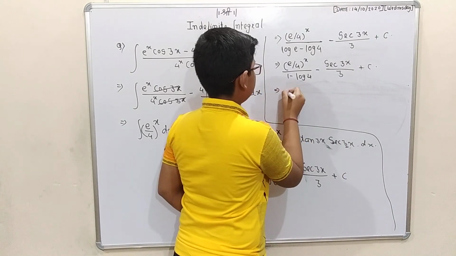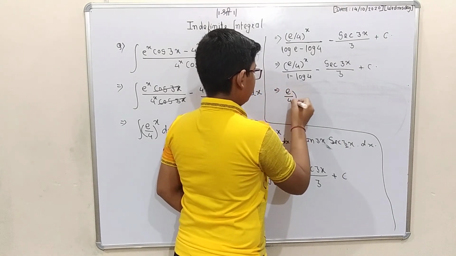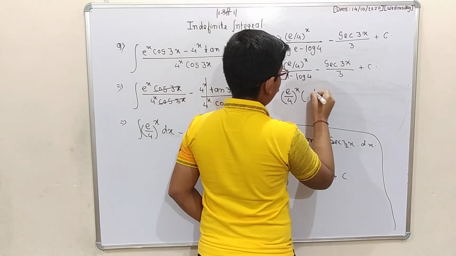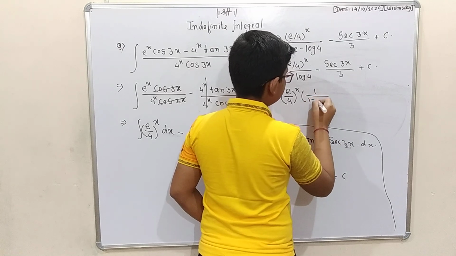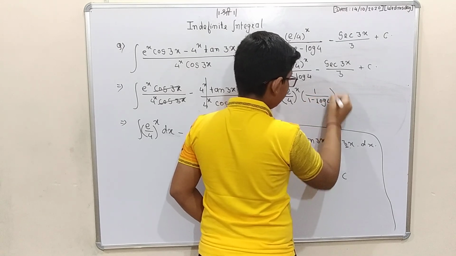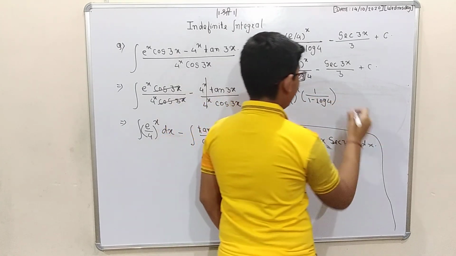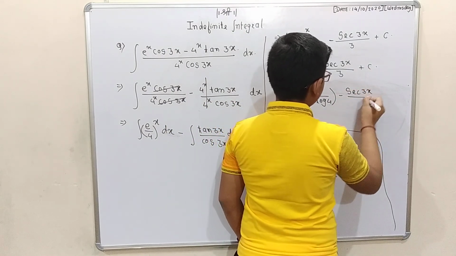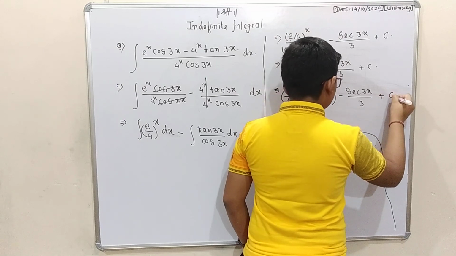So it will be equal to (e/4)^x times 1 by 1 minus log of 4, minus sec 3x divided by 3 plus constant.